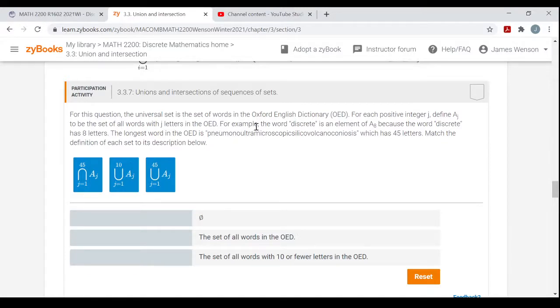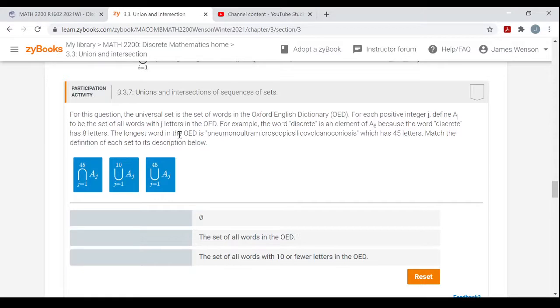For example, the word discrete is an element of A8, because the word discrete has 8 letters. So A1 has all the words with 1 letter. A2 has all the words with 2 letters. A3 has all the words with exactly 3 letters. A4 has all the words with exactly 4 letters, and so on.